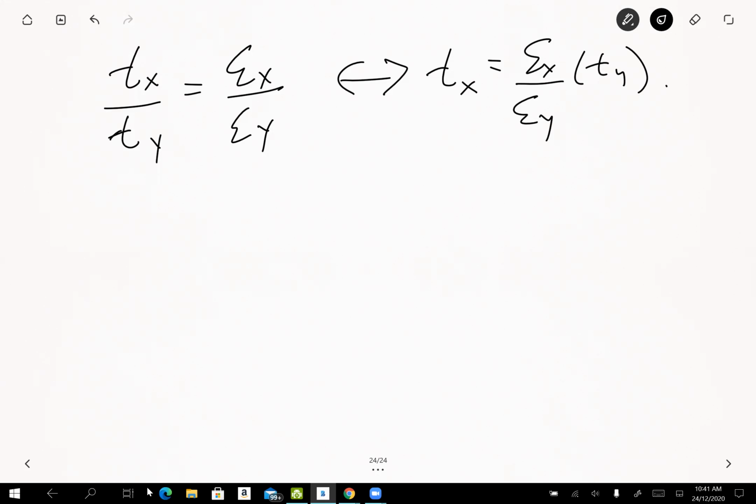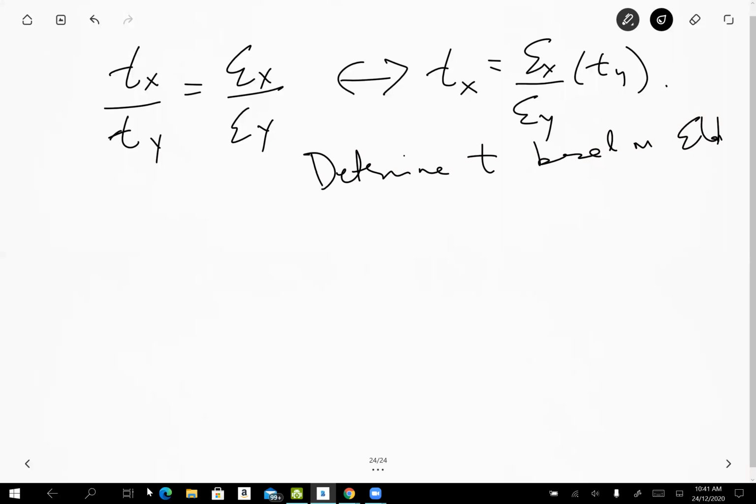Okay, I'll give you an example. So here, we are going to determine, you want to find or determine the tax based on what? Based on the elasticities.